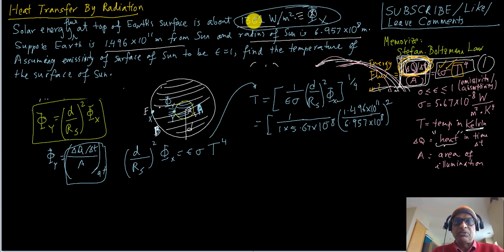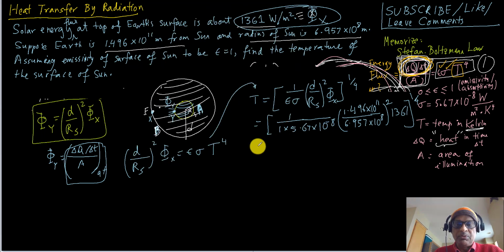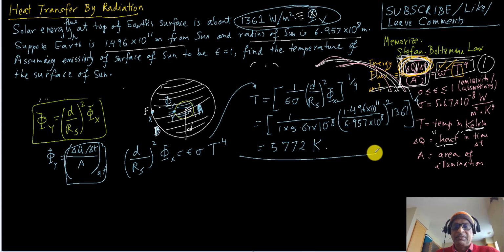And phi x is 1361. This whole thing to the power 1/4. I put it in the calculator, and I think I get 5772. So this is equal to 5772 Kelvin.